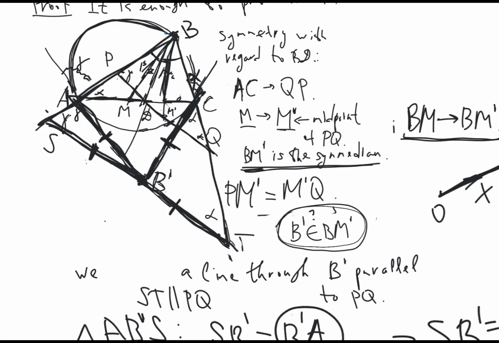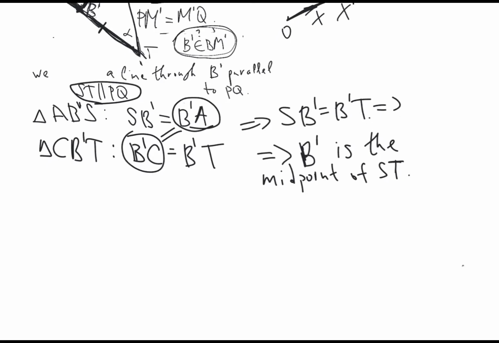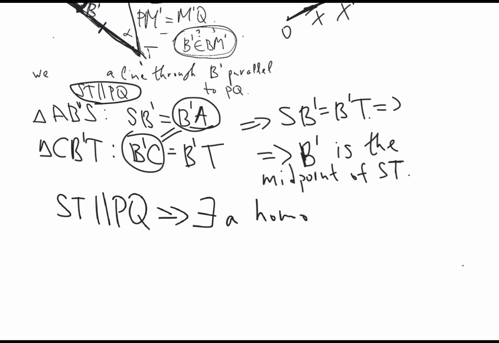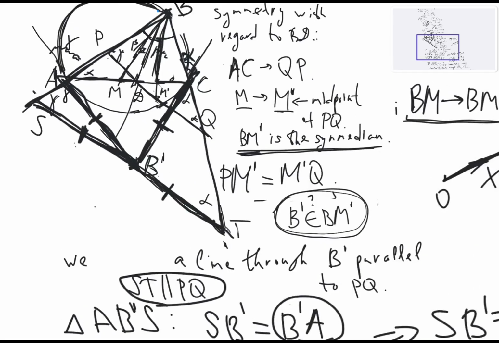Because we have ST parallel to PQ, there exists a homothety with center B that maps these two segments to each other, that maps PQ to ST. You can imagine it as a scaling of the plane.